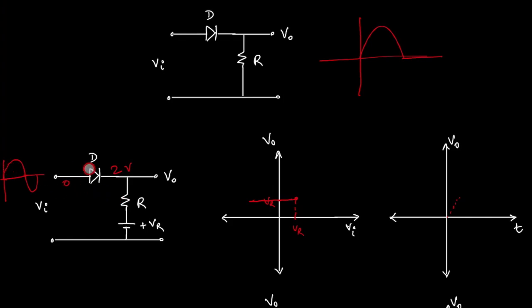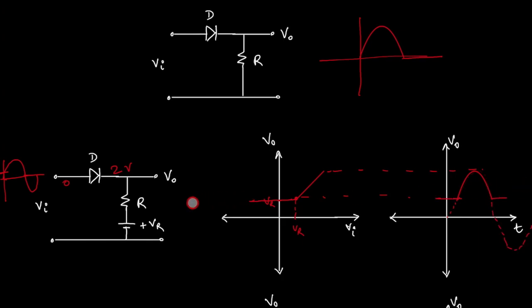But after 2 volts, 2 to 5, everything is passed to output, right? So everything is passed to output means there is a slope. So if I mark this, you should get output like this. Dotted is input, this is the output.